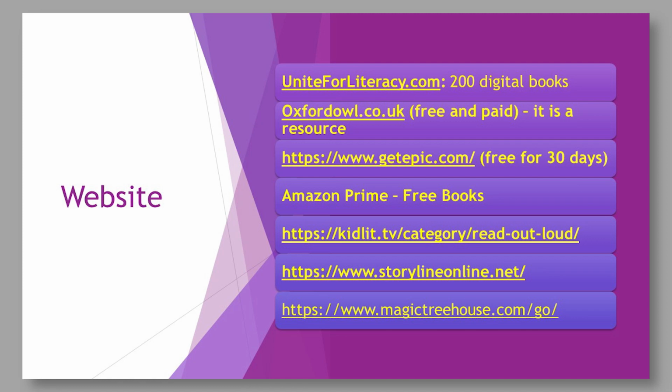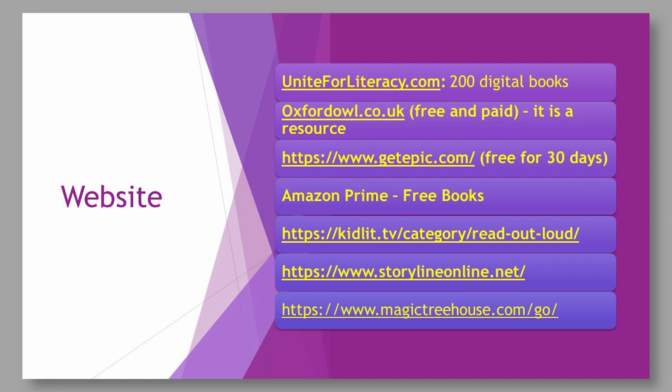Kid Lit Read Out Loud, these are books that are read out loud by different people. Storyline.net is my ultimate favorite. These are actors that pick their favorite story to read, and they read the entire book in different characters' voices. And the Magic Tree House, there are a ton of books on the Magic Tree House.